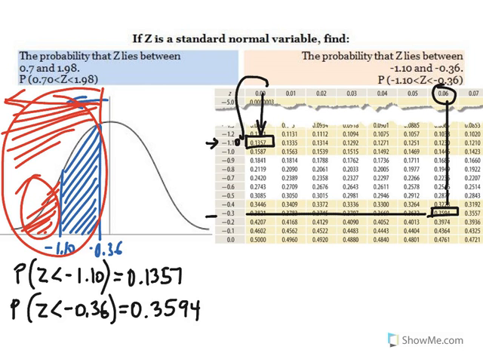Okay, let me make this a little bit clearer. 0.3594, okay? So it's that thing right here, because this 6 comes here, and that's going to be minus 0.36. So if you have a z-score that is a negative value, that means that it's going to be on the left side of the mean, therefore in the table will probably be on the left side of the table.